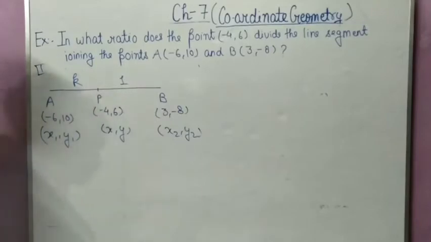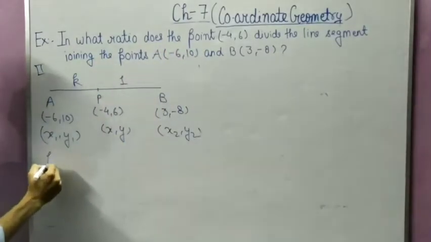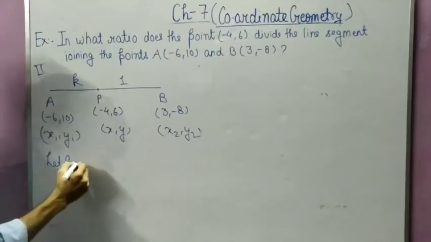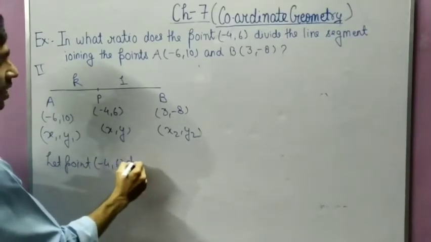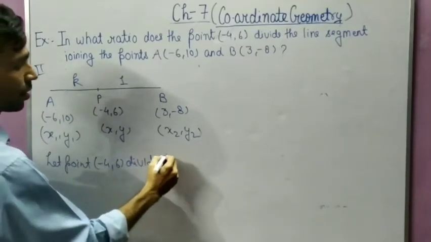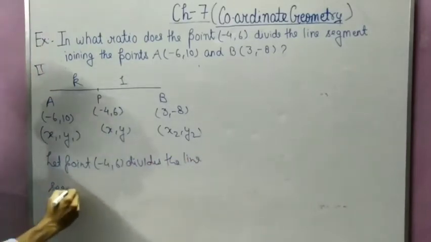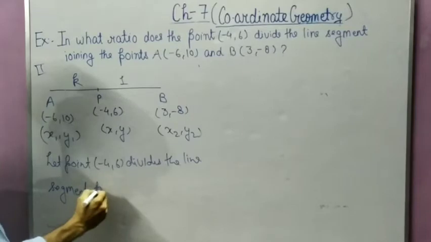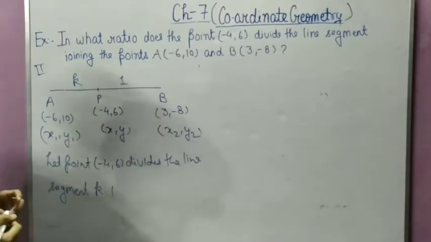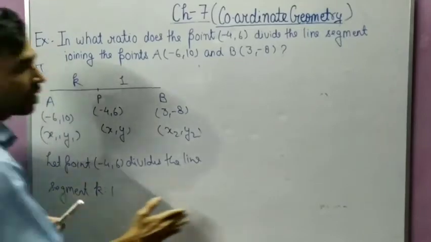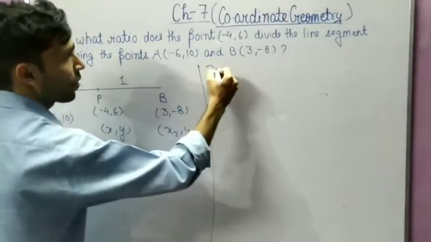Second method: suppose the point minus 4, 6 divides the line segment in the ratio k ratio 1. In the first case the ratio was m ratio n, in this case k ratio 1. Now again we know x equals, what is the formula of x?